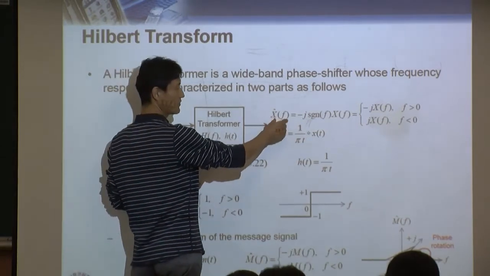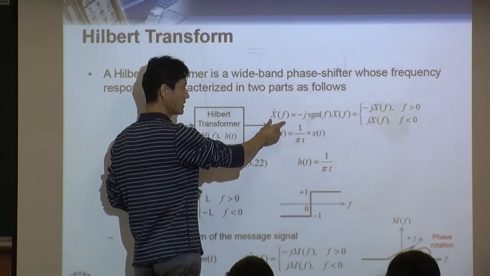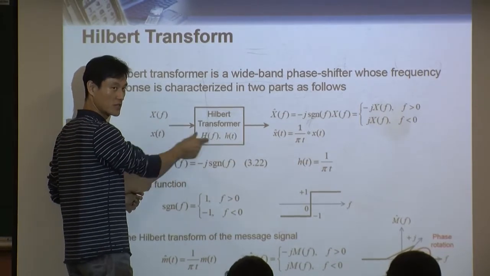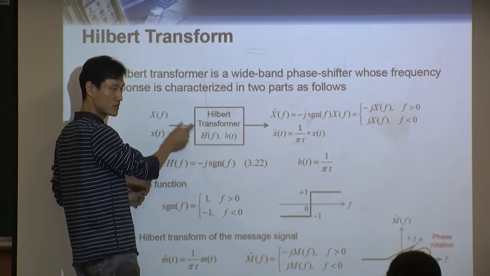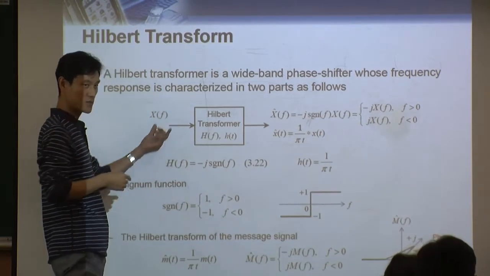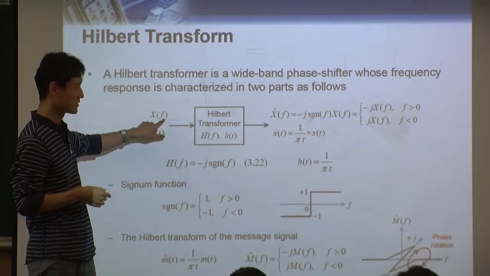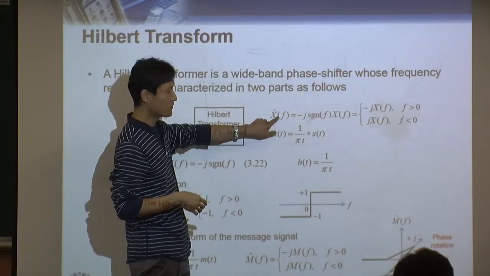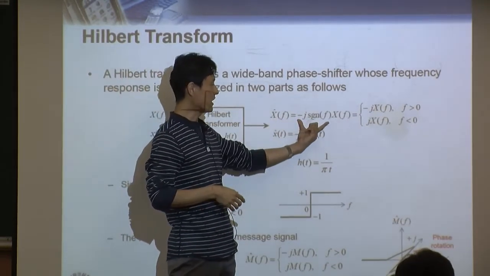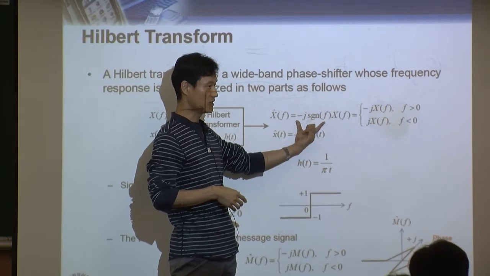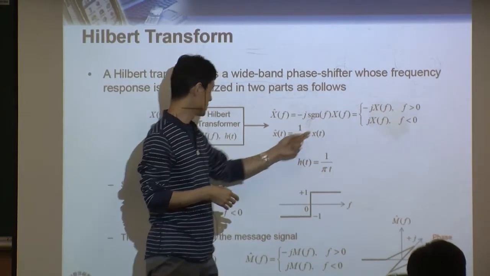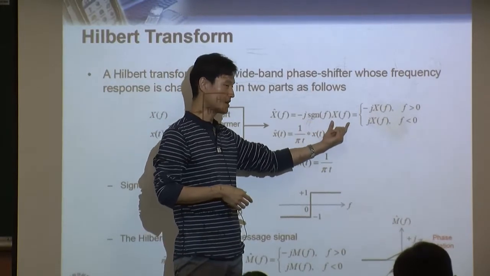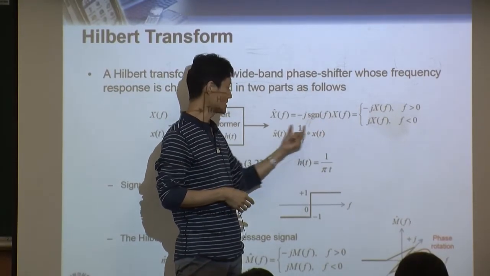Looking at the same thing in the frequency domain, x hat(f), the frequency output, is equal to H(f) times X(f). It's a multiplication, not convolution. Time domain convolution, but frequency domain multiplication. Remember? Our filter response in the frequency domain, H(f), times X(f), is the output.